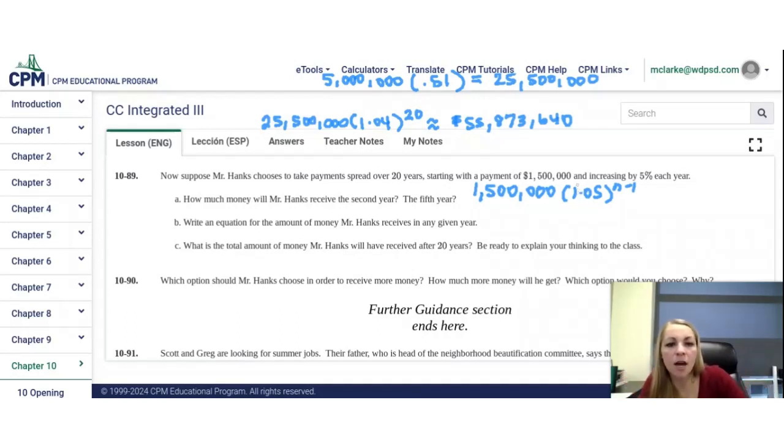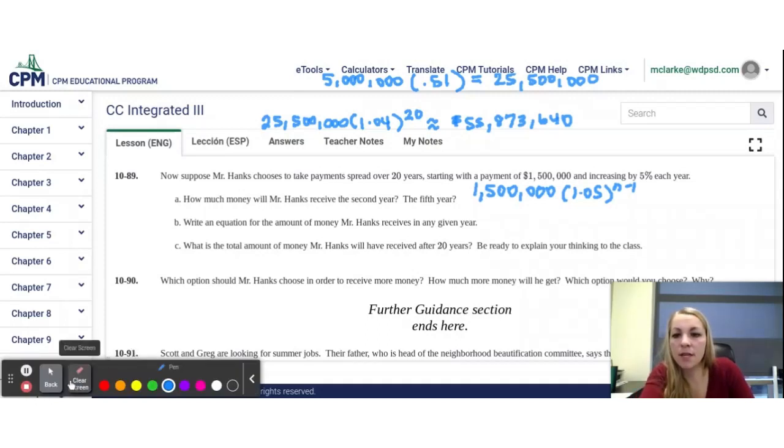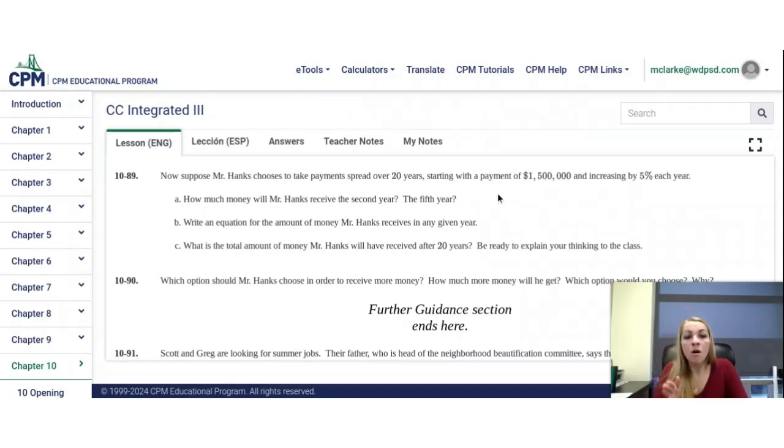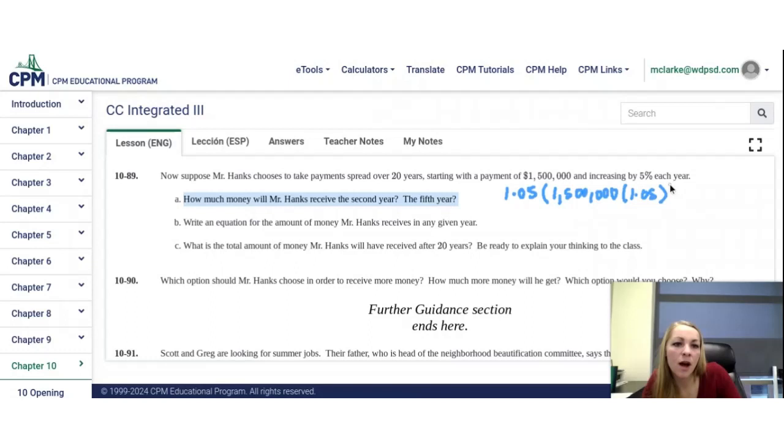So we're going to use that formula that we talked about earlier. I'm going to clear this for simplicity, so I have more space to write. We take that rate of 1.05 times the last term. To get that last term, we take the 1,500,000 times our multiplier to the power of n minus 1, so that's 20 minus 1.